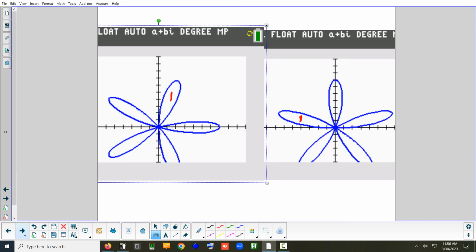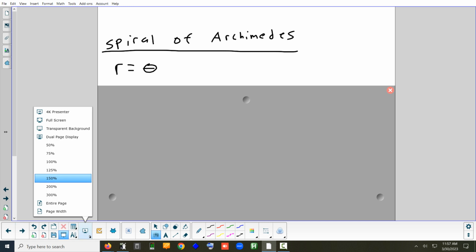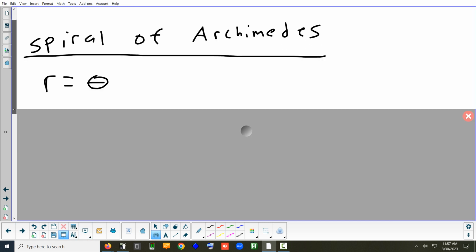All right. So, any questions on that type of graph, the petal curve? All right. And the last thing we're going to look at is a spiral. So, what's it saying is going to happen in this case? How big is the radius? It's equal to the size of the angle.